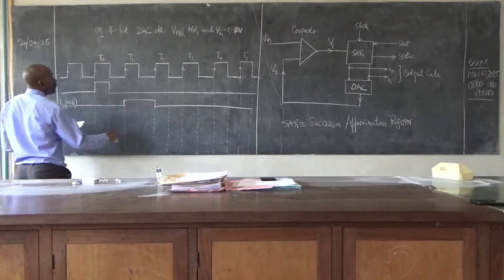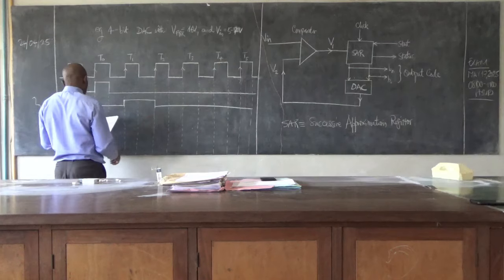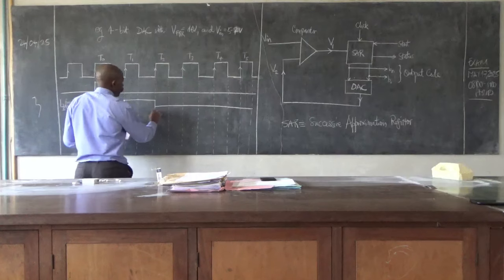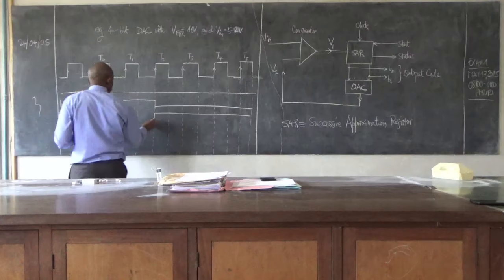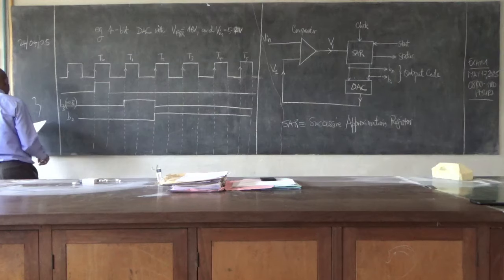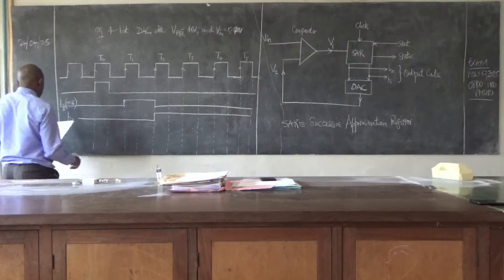And then I'll go to B2. B2 will be at T2 here. This is B2. B1 will be at T3.